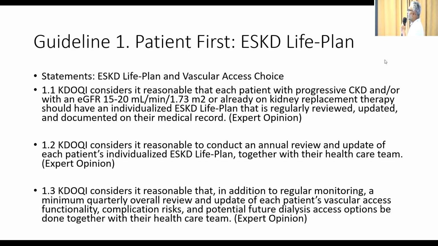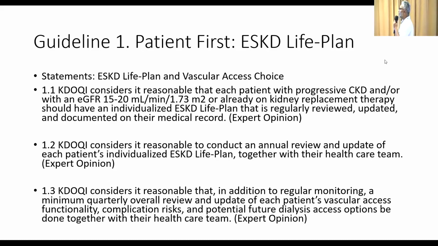So as I said, patients with end-stage renal disease have to have a life plan and a vascular access choice. So when do you send these patients for a vascular access? We usually know patients when they reach the eGFR of around 15 to 20. And KDOQI actually recommends that. So for progressive CKD and/or an eGFR of 15 to 20, they need to have a planned vascular access.